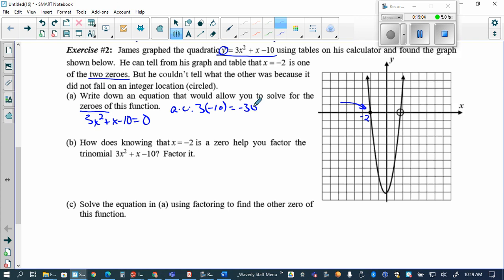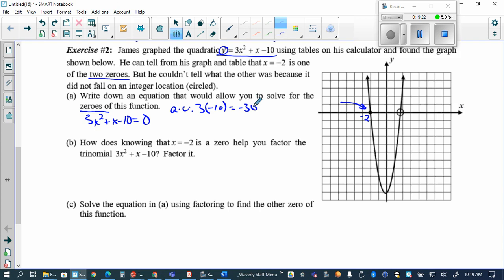So I need factors of -30 that also add to what? 1. It's a 1x, right? So what numbers multiply to -30 and also add to 1?